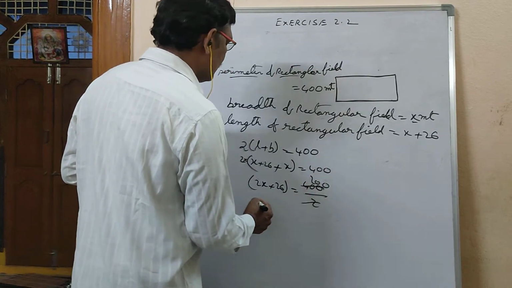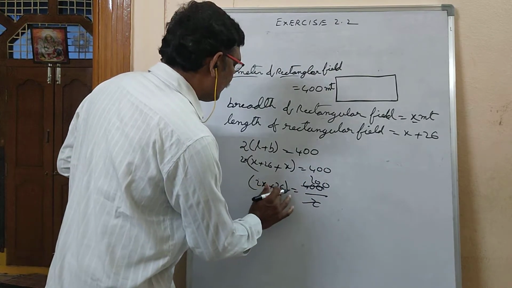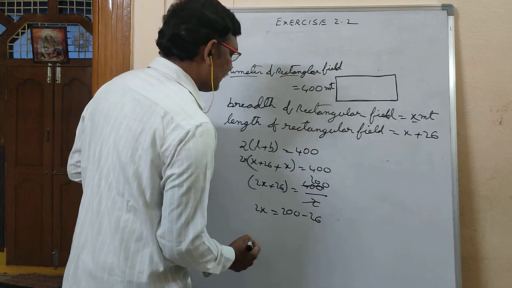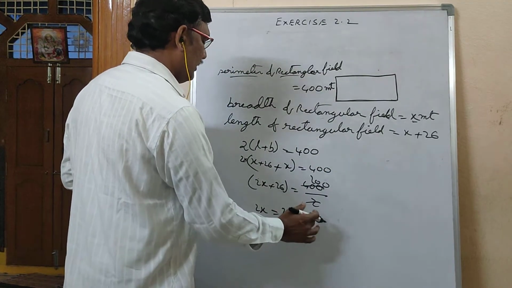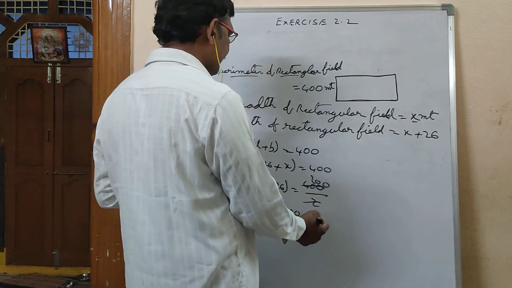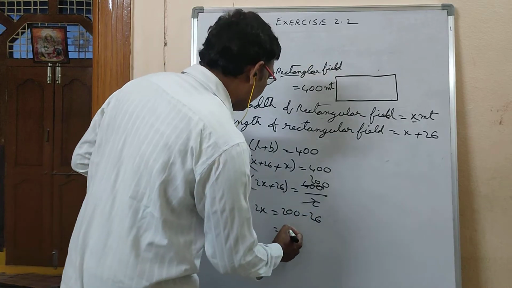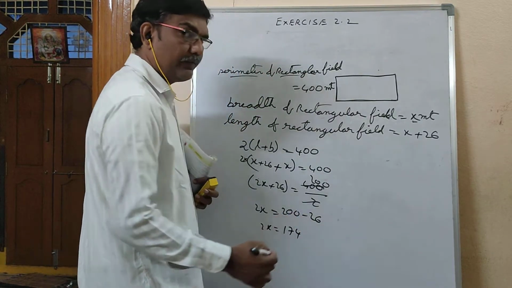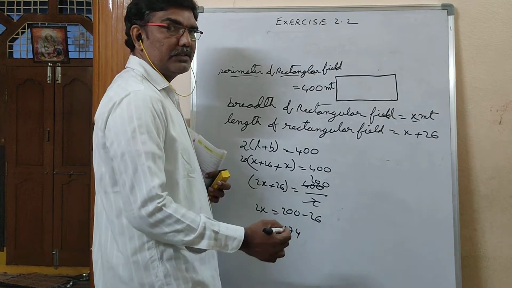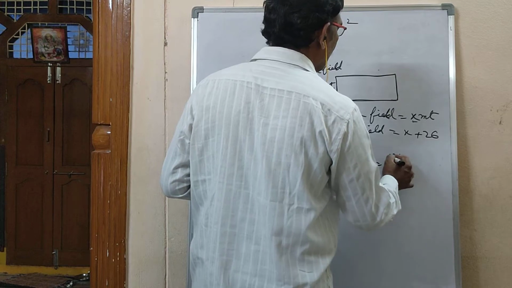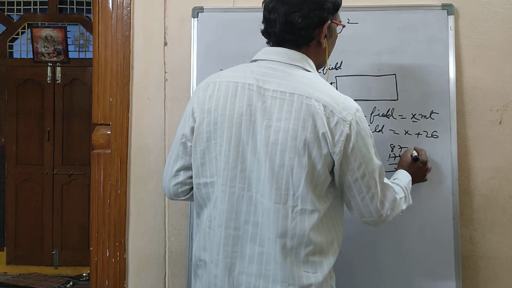200. So here 26 you are taking to that side: 200 minus 26. If you do subtraction, 174. 2x is equal to 174. x is equal to 174 by 2. 2 8s are 16, 2 7s are 14.